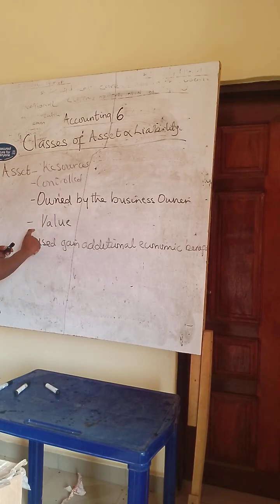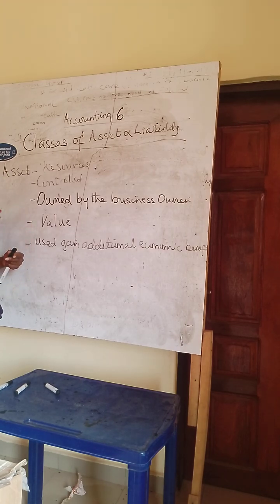That is why they are of value. Are we together? You can only get benefits from something that is of value. You can only use something that has benefits to gain additional economic benefits, additional cash benefits. That is what an asset is.